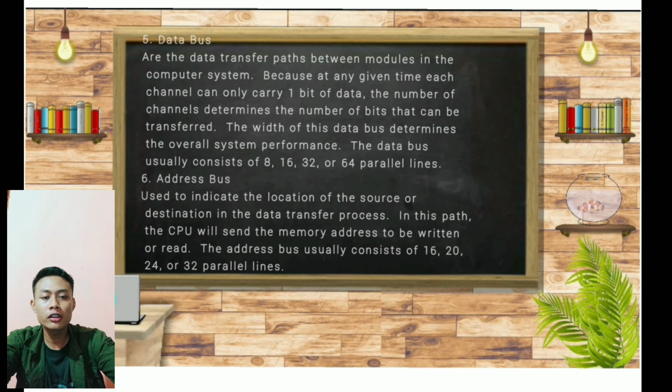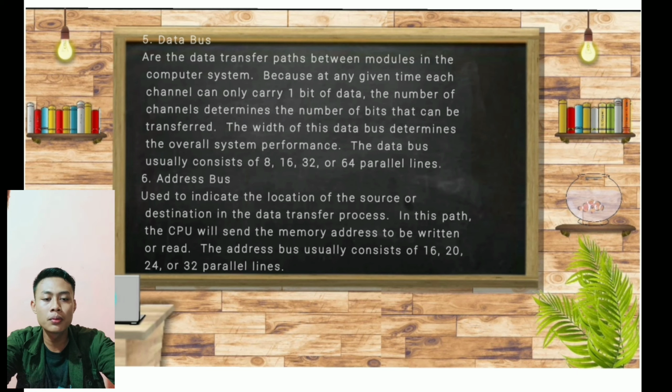6. Address bus, used to indicate the location of the source or destination in the data transfer process. In this part, the CPU sends the memory address to be read or written.